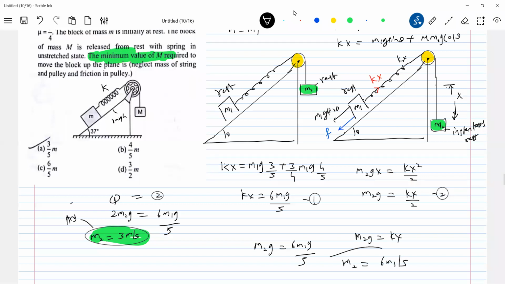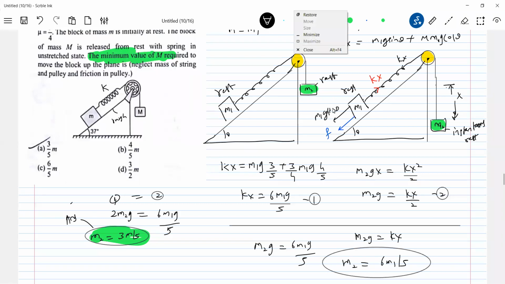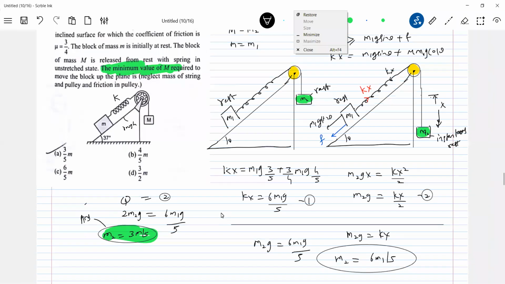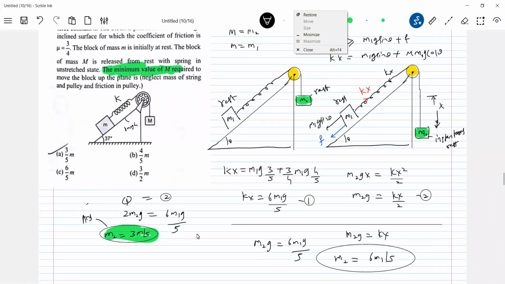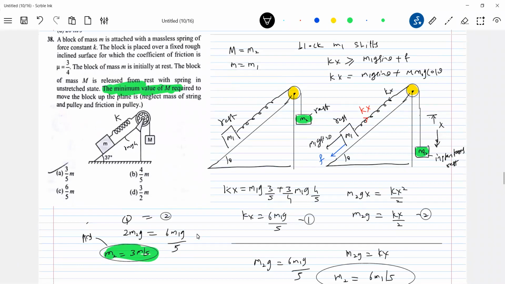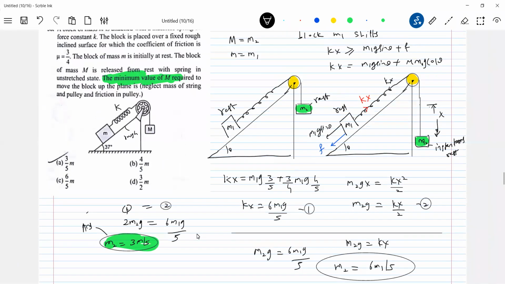Now why can't this be the answer? Why can't it be? Sir, by that we mean it is in equilibrium. Wait, let me talk. In between, don't disturb. See, what was the question asked? Find the minimum value of M2 required to move the block up the plane.